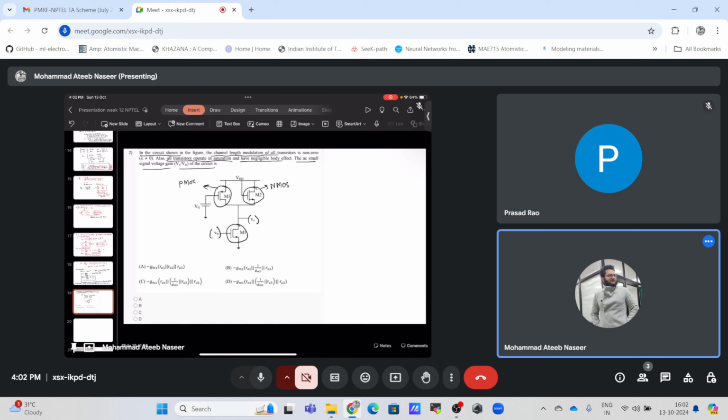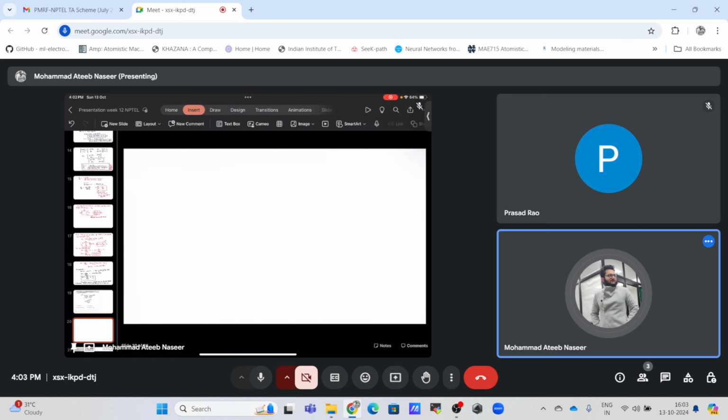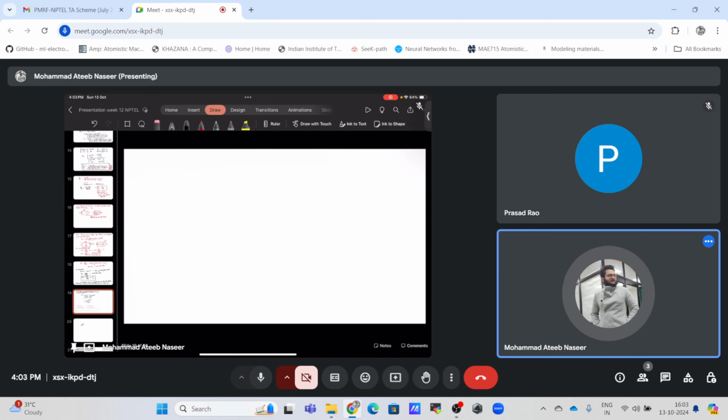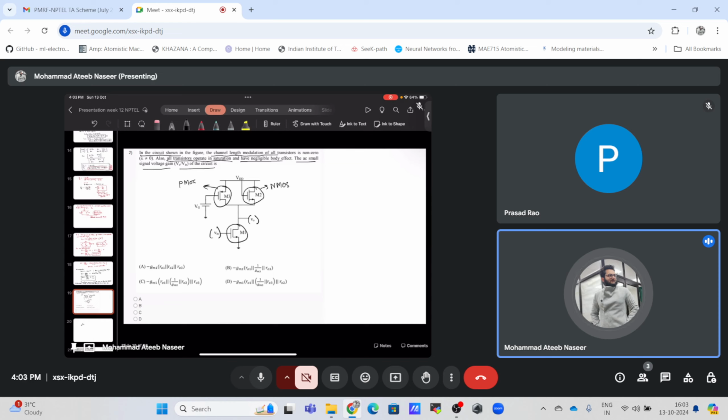So VG is now connected to some supply voltage, which will now be grounded. It will be like this. If this is our VG for the M3, the source will also be grounded for this PMOS, because it's connected to VDD.